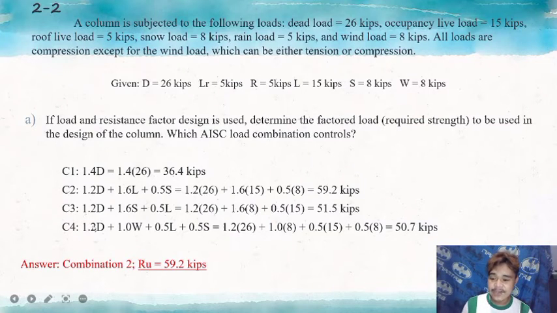For our combination 4, which is 1.2D plus 1.0W plus 0.5L plus 0.5S, when we substitute the given loads, we're going to get 50.7 kilopascals for our C4, combination 4.